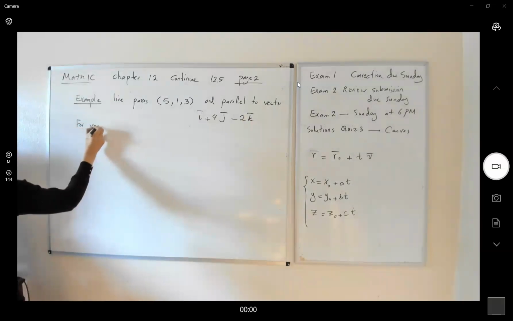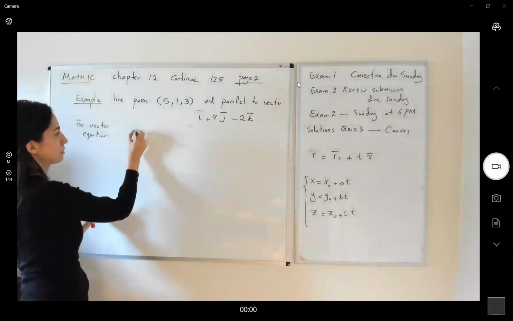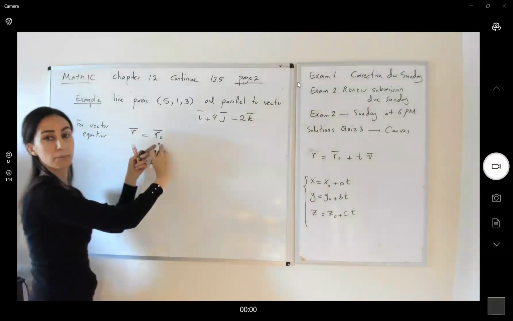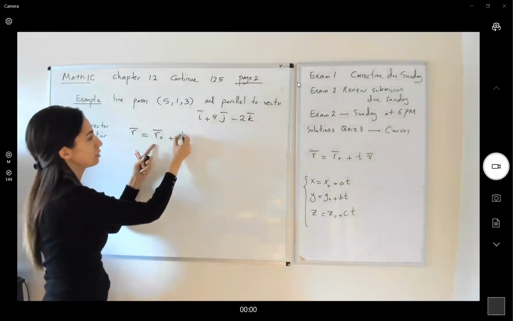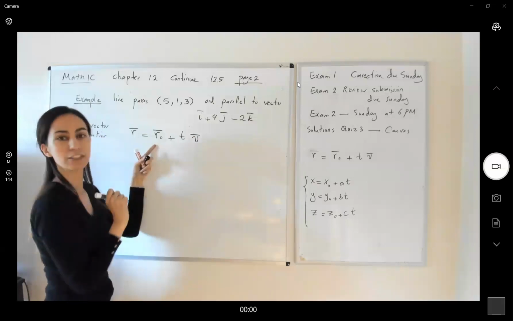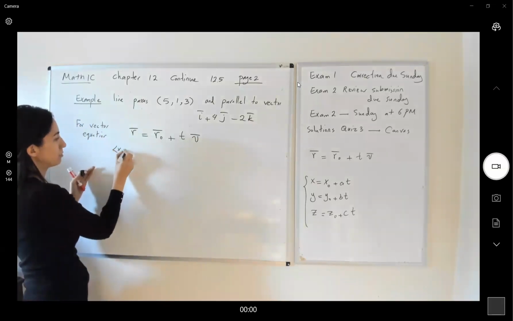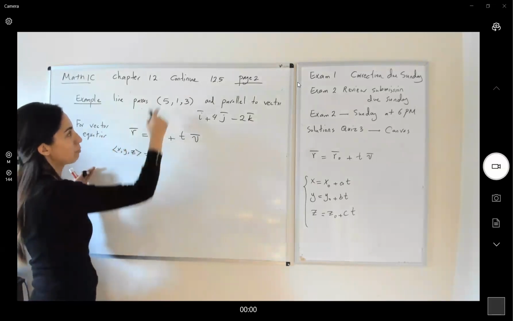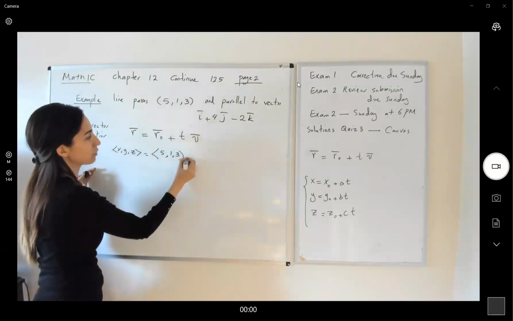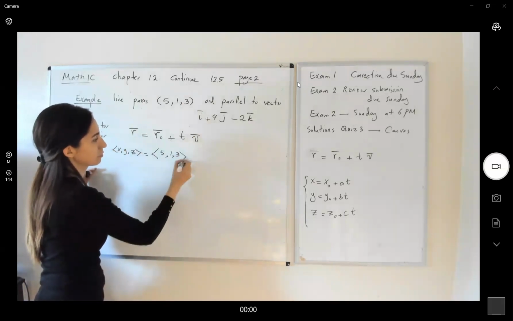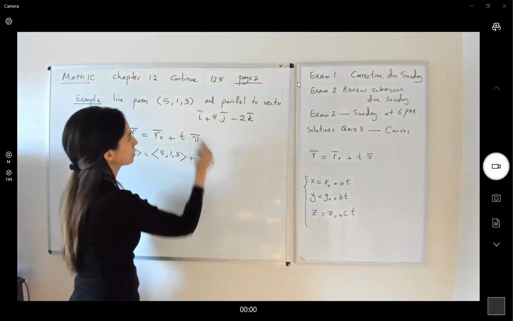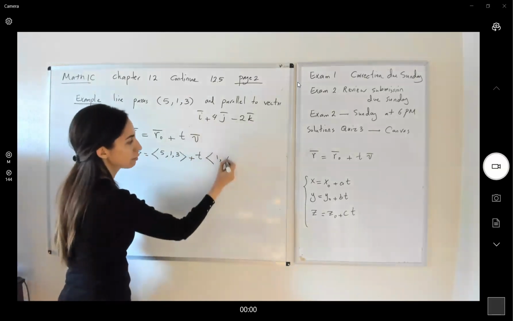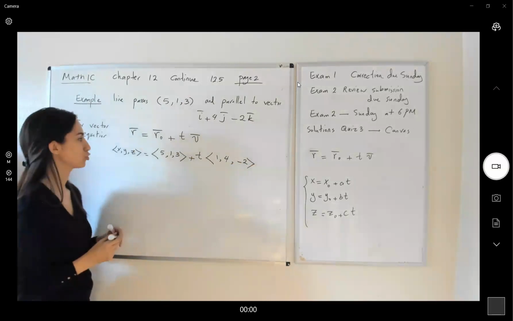For the vector equation, we know that R is equal to R sub 0, the point that your line passes through, plus T, your variable, times vector V, or X, Y, Z is equal to the point 5, 1, and 3 plus T, your parameter, times the parallel vector 1, 4, and minus 2.